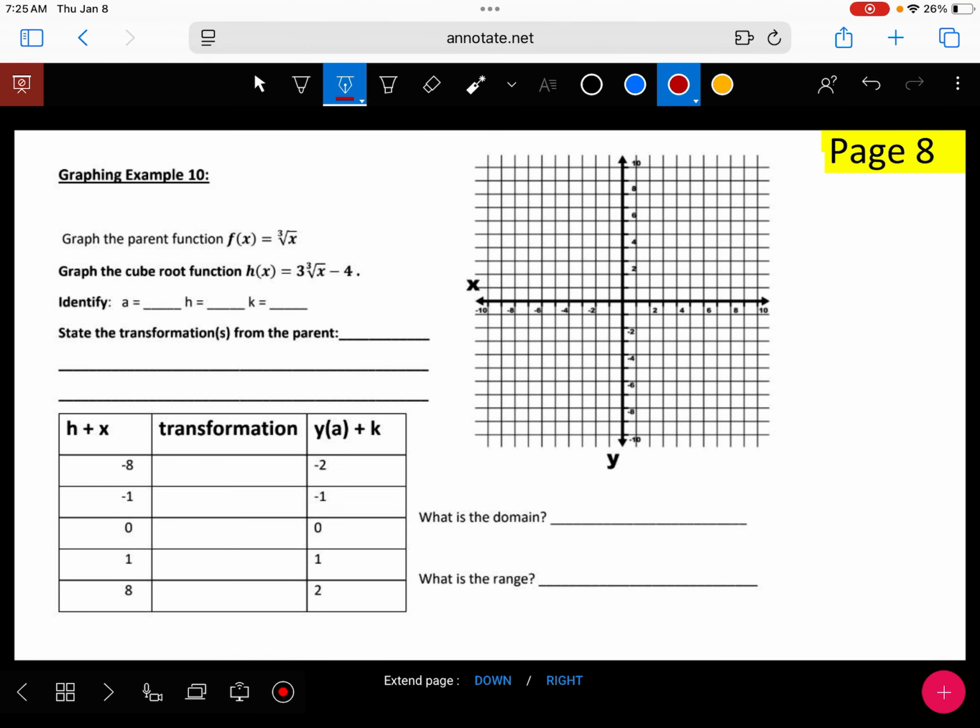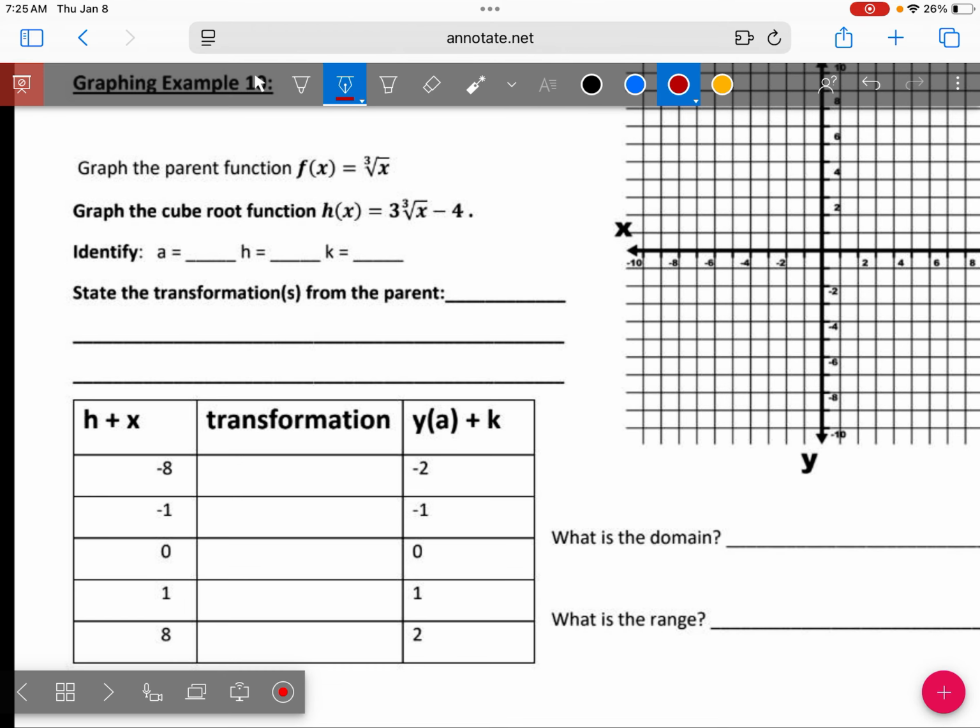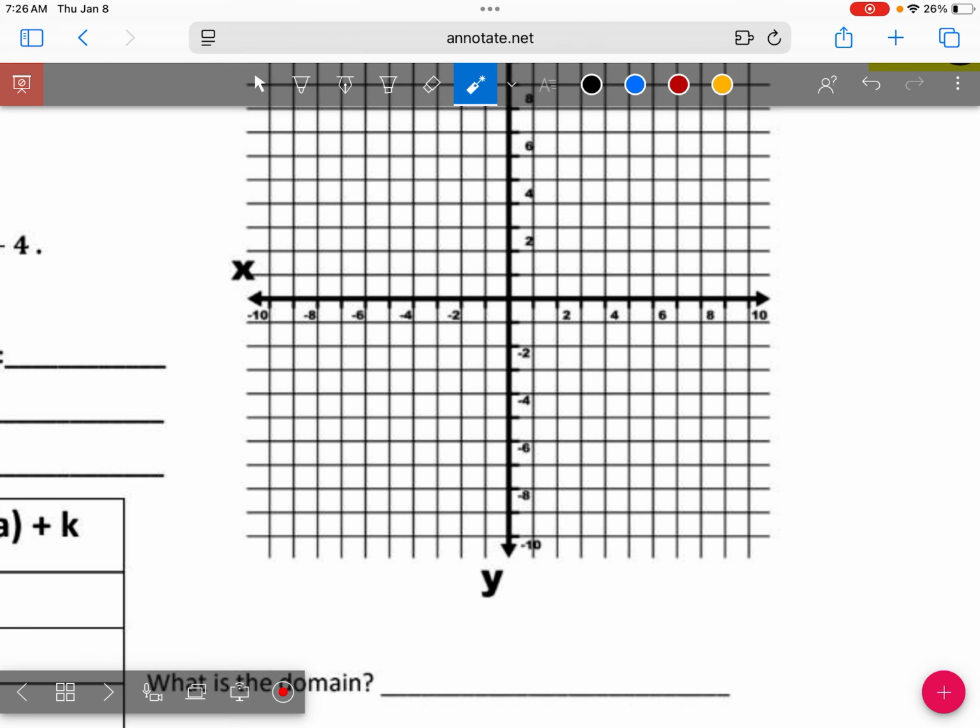All right, so let's start off by graphing our parent. So this is our parent. So go ahead and graph this. So we're going to put a point at, I'm going to graph the parent in black. Negative 8, and then we got 3 dots going up like this, and then 8 up 2. This is the parent. My iPad is kind of greasy because it does not want to write.